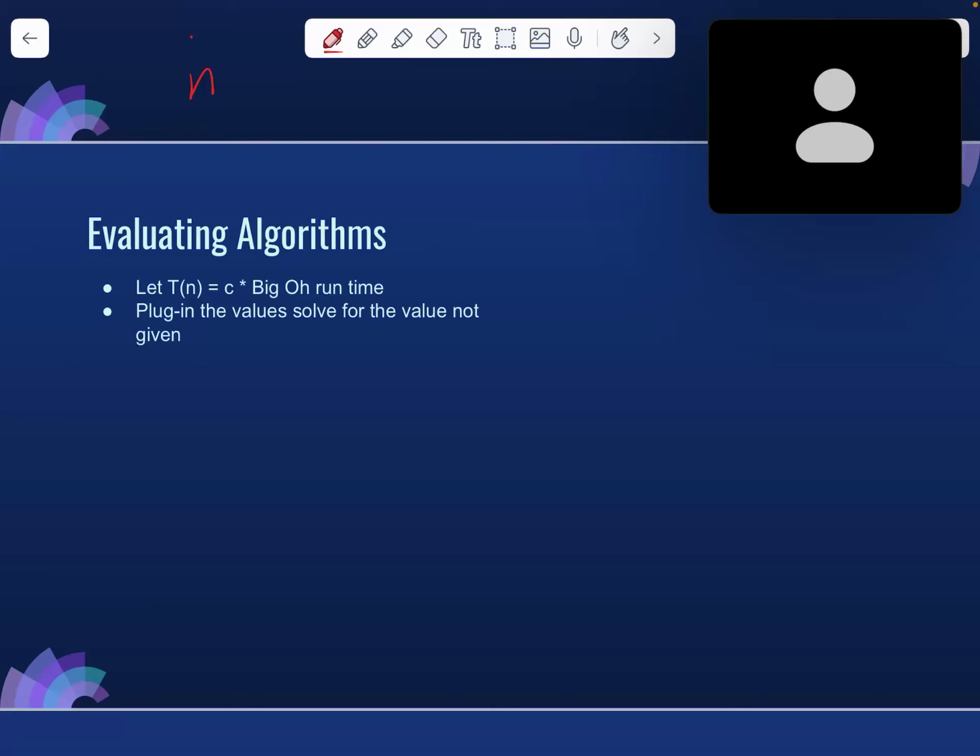So if you get the runtime of something, and we know it's like 500 milliseconds, and we know this is equal to c, where c is some constant, times our big O runtime notation, or f of n, which could be anything. They could give you n squared, 2 to the n, log n, n to the 1.5, whatever that is.